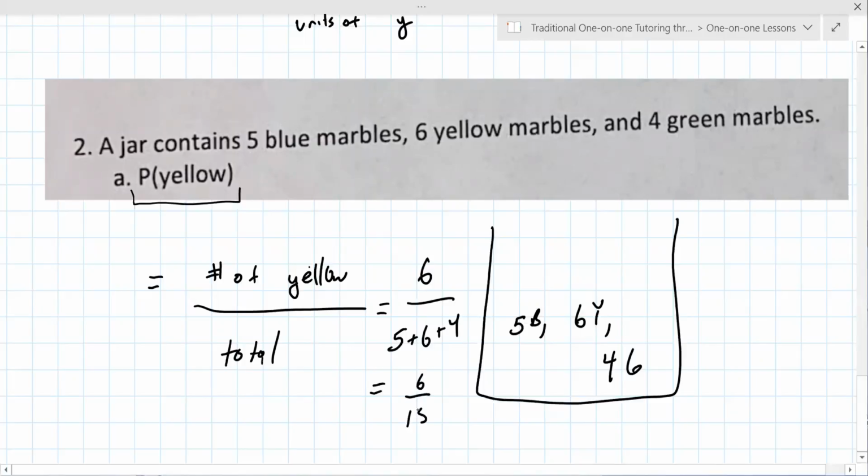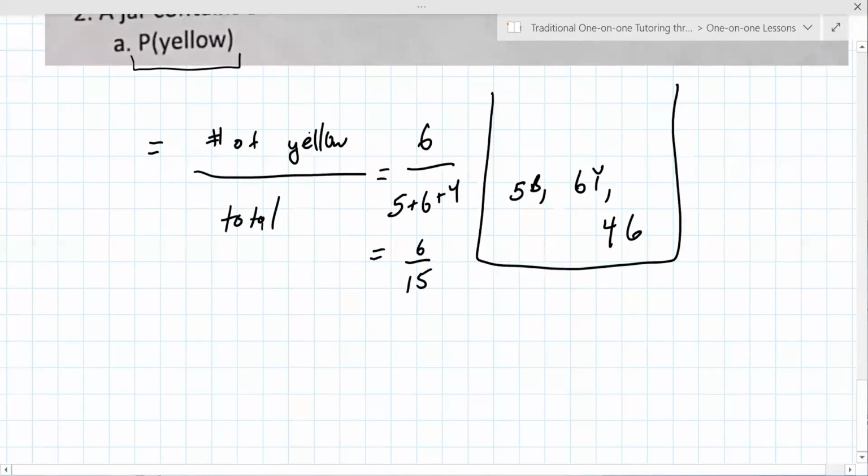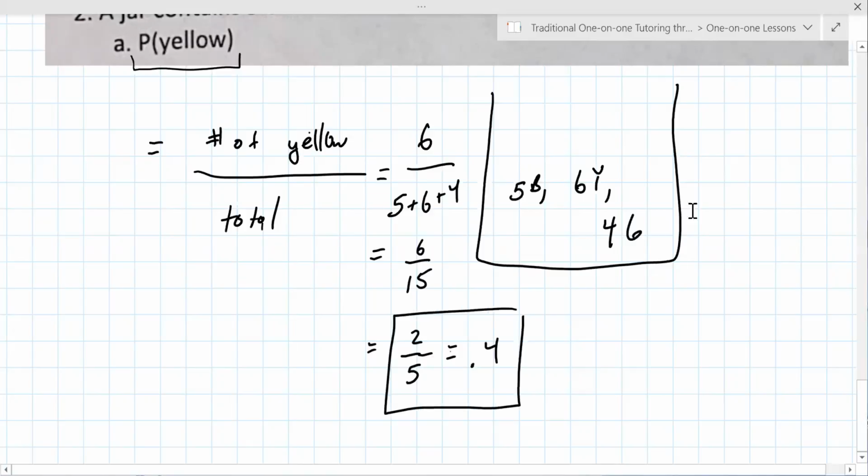6 over 15. And then you do have to reduce that. They're both divisible by 3, so that's 2 over 5. Now, if your instructor led you down this path, you can convert this to a decimal, but these are both correct.